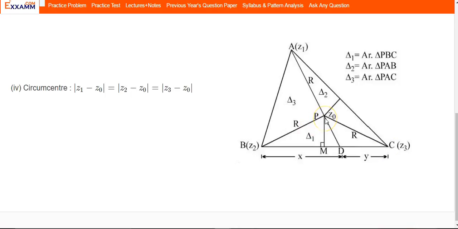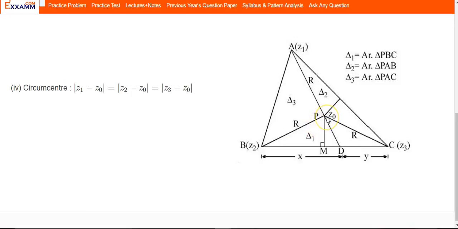Now if Z0 is the circumcenter, then modulus of Z0 minus Z1 is equal to modulus of Z0 minus Z2 is equal to modulus of Z0 minus Z3. It is the center of a circle which passes through A, B, C, and encircles the triangle from outside, like this. This is the circle.